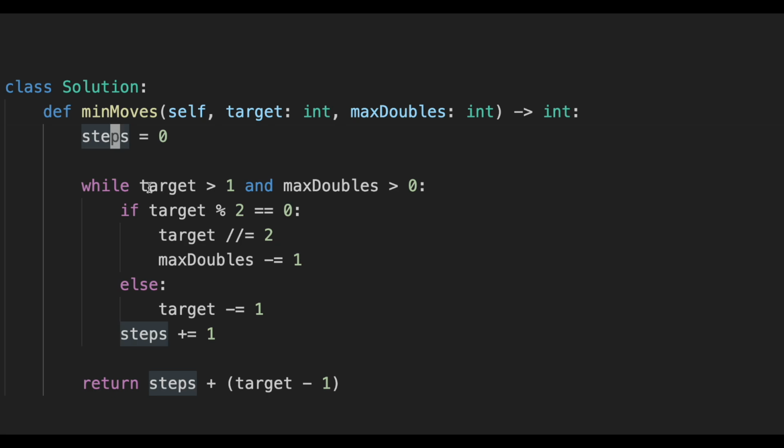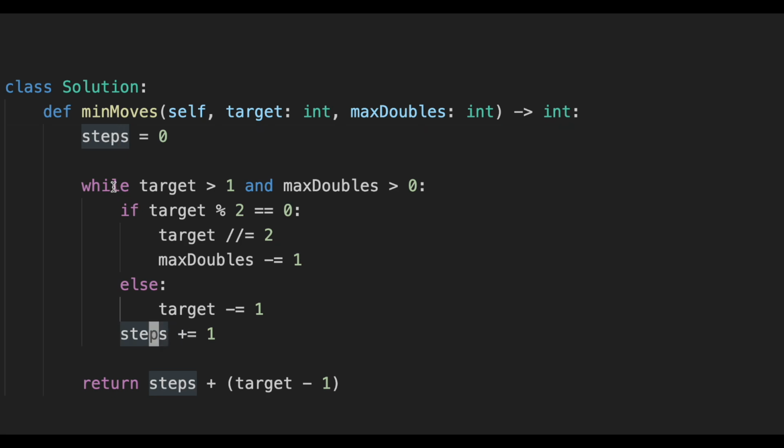While our target is more than 1 and we have max doubles, if it's even, then we divide our target by 2, and we subtract from max doubles because we have used one. Or if it's not, then we subtract 1, and at each step we add to our steps.